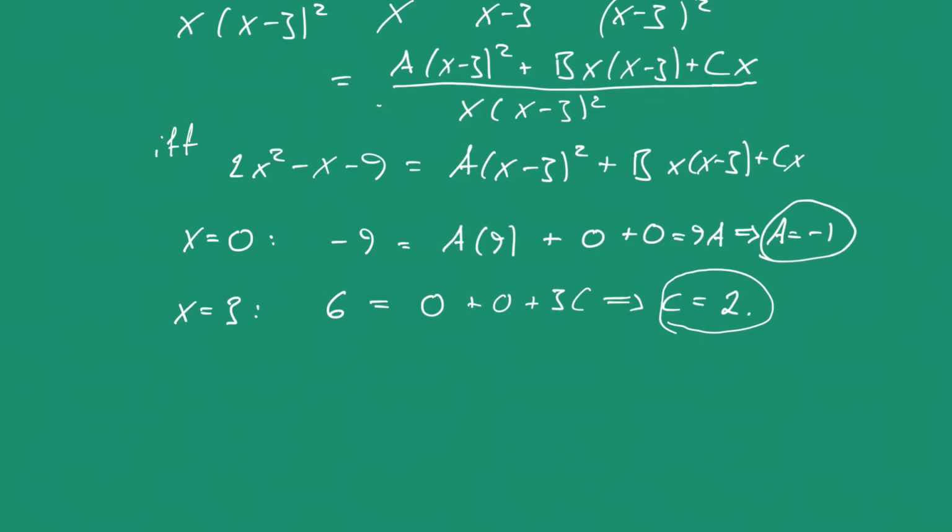So now at this point, if we want to pick a third value of x, we notice that we've actually picked all values of x where parts of the right-hand side of this equation become 0. The only places where parts of this right-hand side become 0 are when x is equal to 0 and when x equals 3. So I'll have to pick another value which maybe isn't quite as good, but because we've already solved for a and we've already solved for c, we'll be just fine.